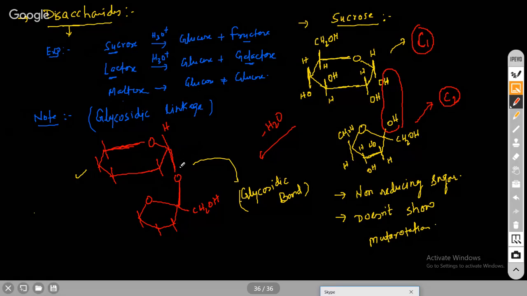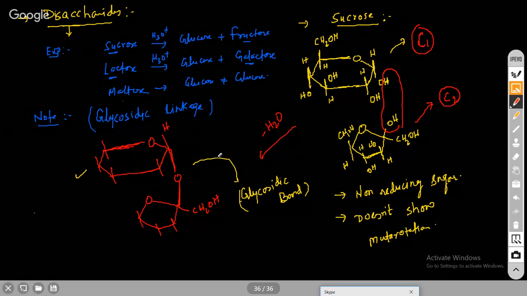A very simple question. You only have to see whether this anomeric carbon is involved in condensation or not. If it is involved, it is non-reducing. If one of these is present or does not involve in condensation, then the product will be a reducing sugar. Clear now?